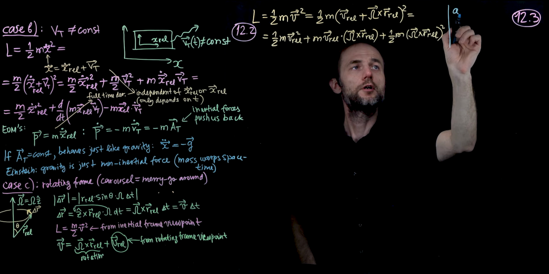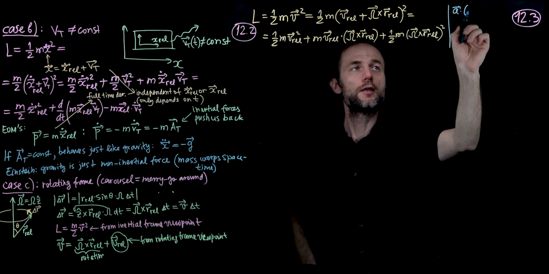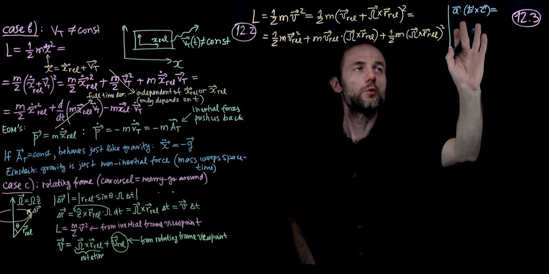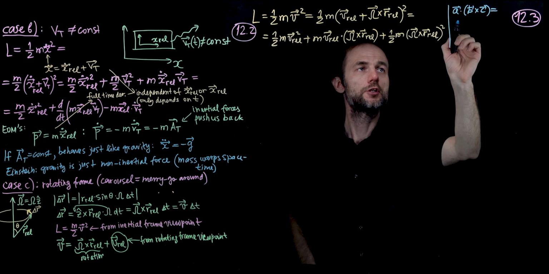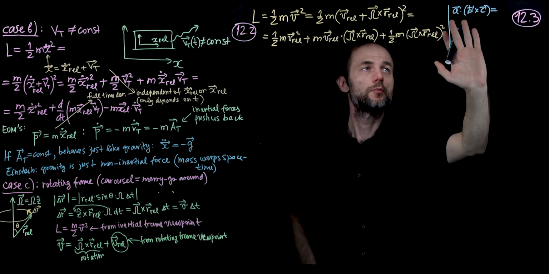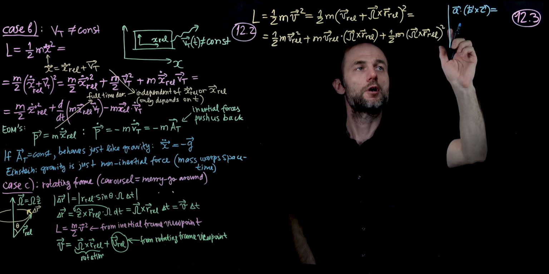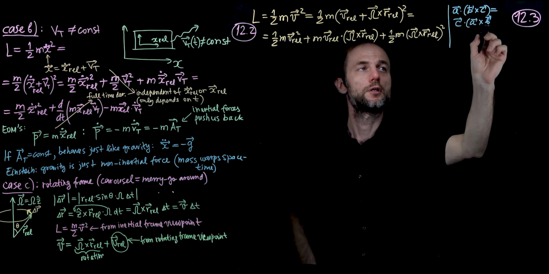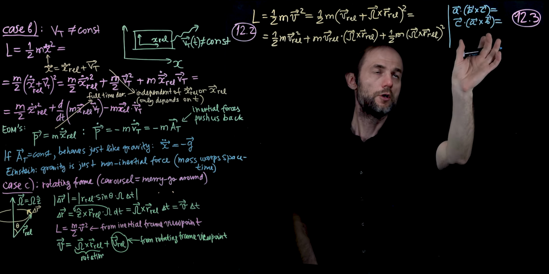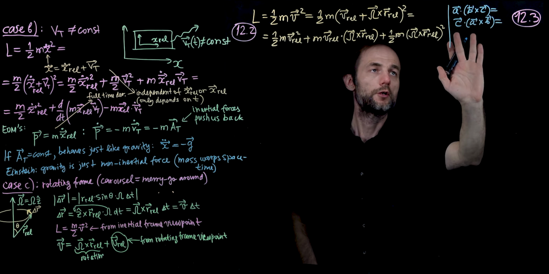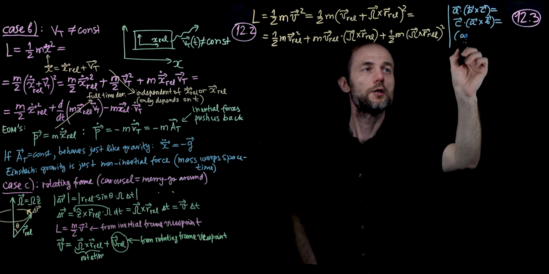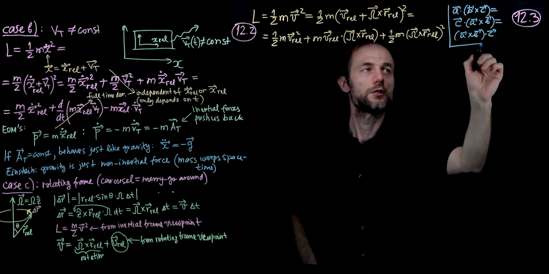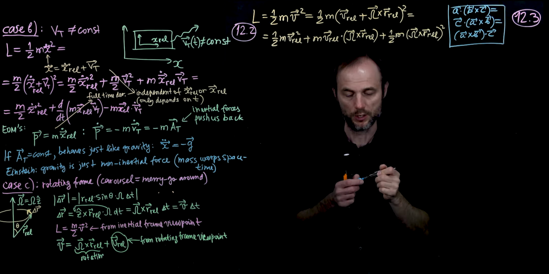If we have a vector A dotted into B cross C, that will be equivalent, if we do a cyclic transformation, so we push C out from the right, it will come back on the left, to C dot A cross B. It will also be useful to know that, because the dot product is symmetric, it commutes, it will be equal to A cross B dot C. So let's keep this here.